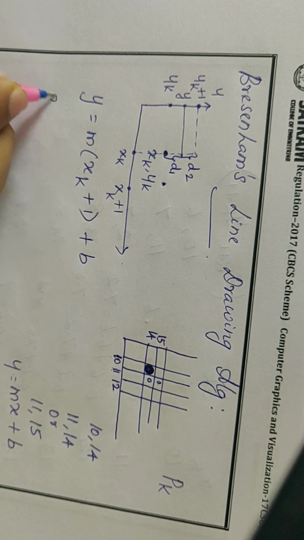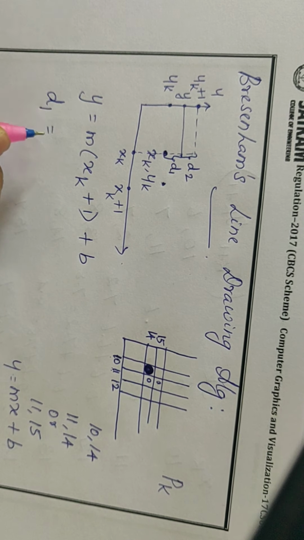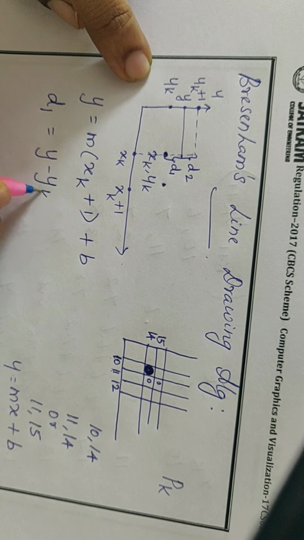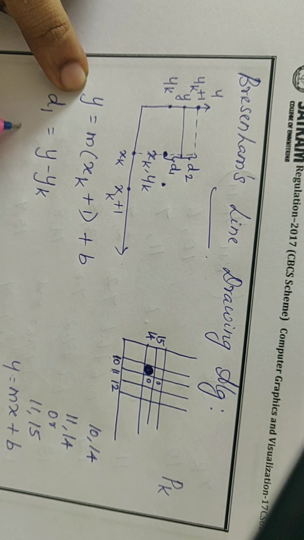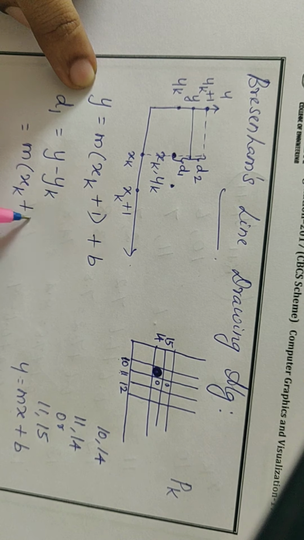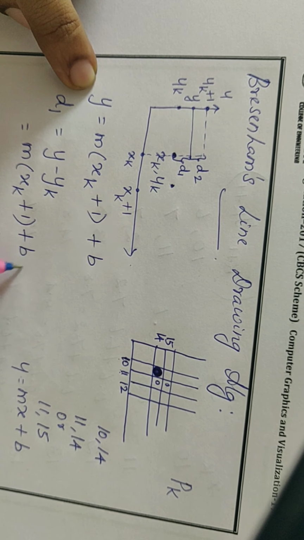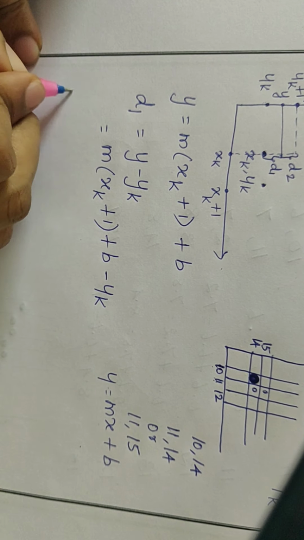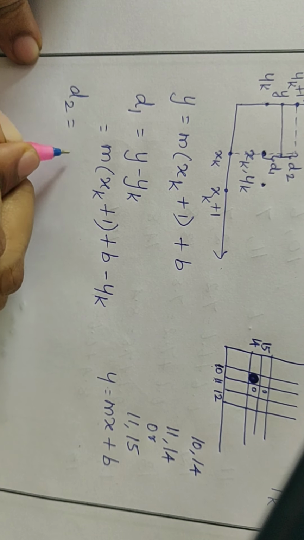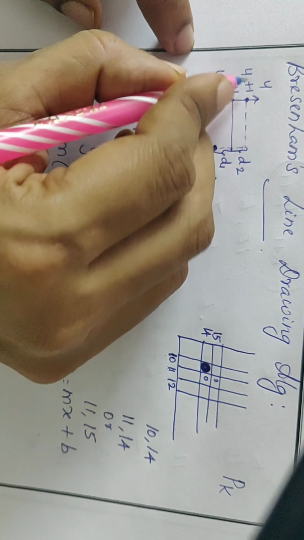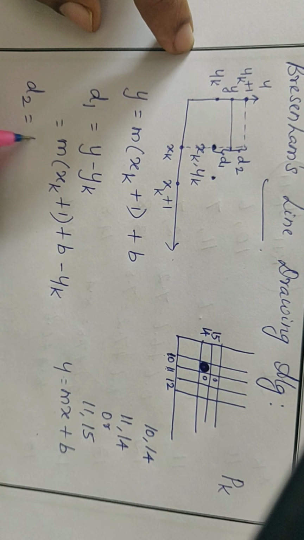So I have to calculate what is d1. What is d1? Y minus yk. You know what is y, right? So m xk plus 1 plus b minus yk, right? And what is d2? d2 is equal to this distance. So yk plus 1 minus y.